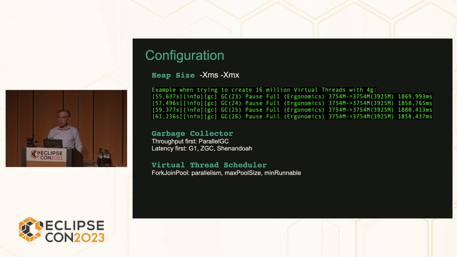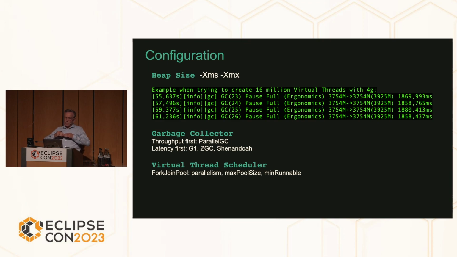You can also choose the garbage collector. We have seen the influence of the garbage collector, so depending on your focus, latency or throughput, you have different possibilities. And you can also configure the ForkJoinPool of carrier threads. Parallelism by default is equal to the number of CPU cores. It means that the number of carrier threads equals the number of CPU cores by default.